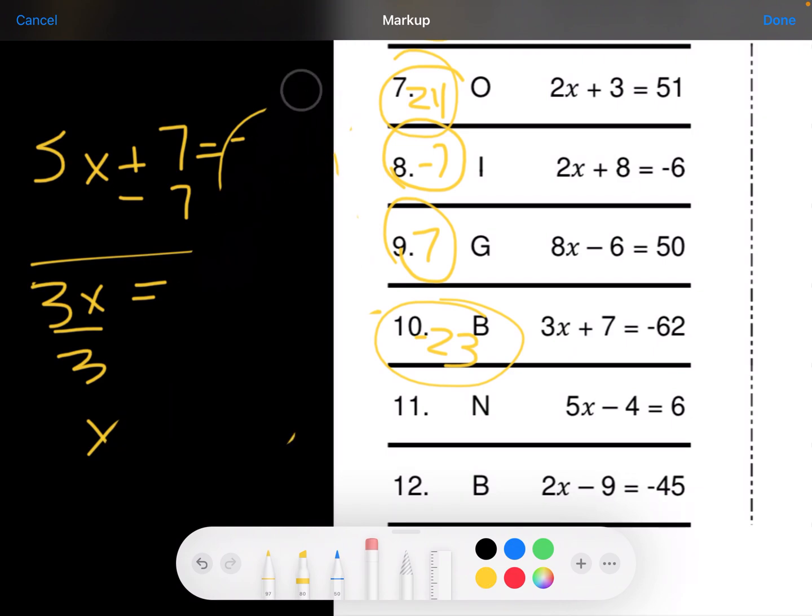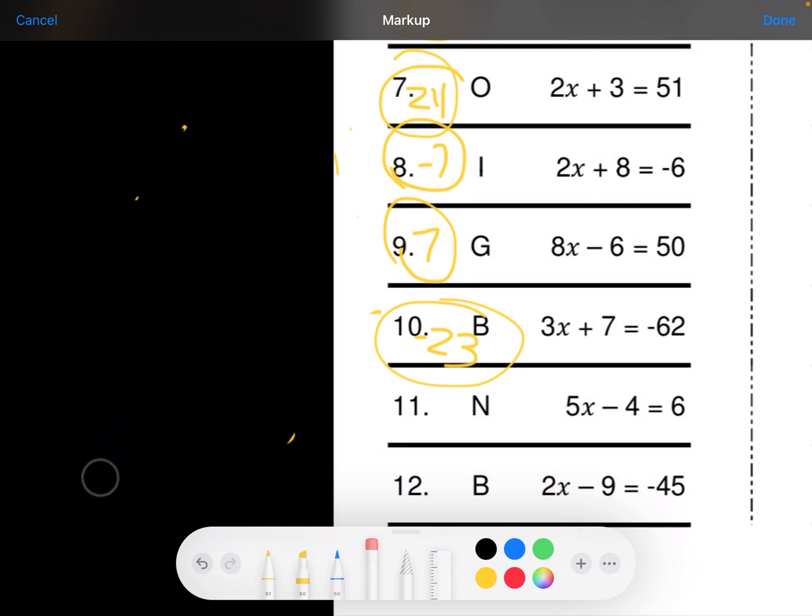Half the battle with this is going to be knowing your integer rules and being able to multiply and divide.